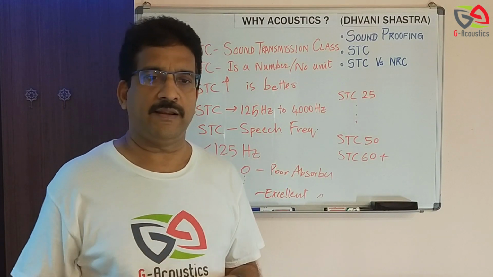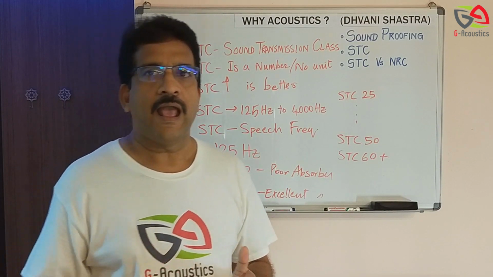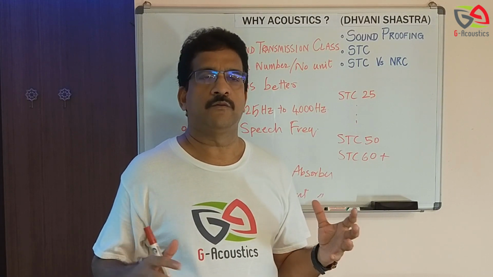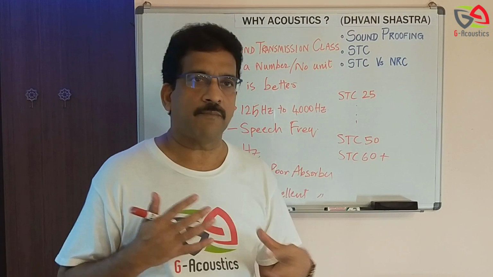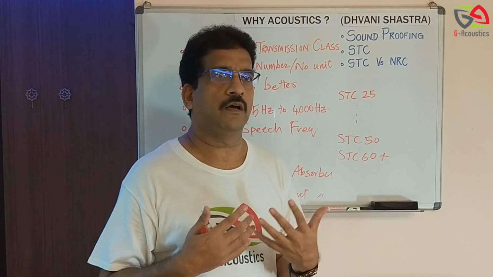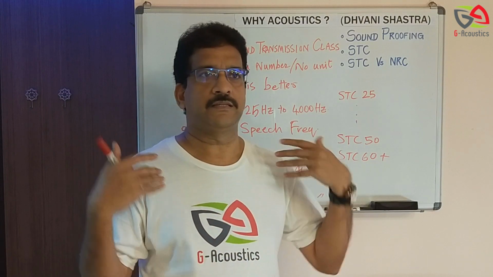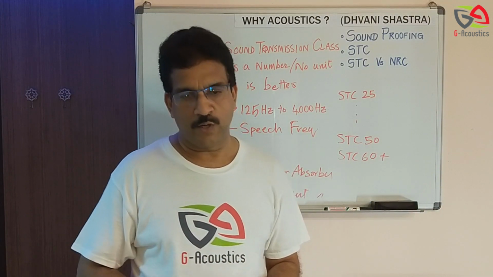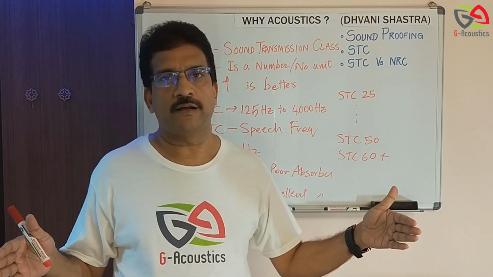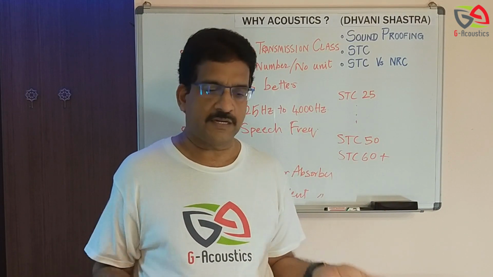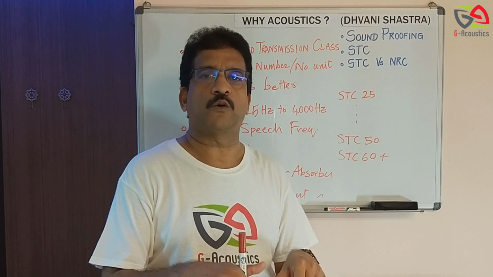Please keep in mind that soundproofing and room acoustics are two different things. In many cases people mix up and put a single homogeneous material and say this is an acoustic room. Certainly not. First you need to take care of the soundproofing. Once the soundproofing is done, then comes the room acoustics.